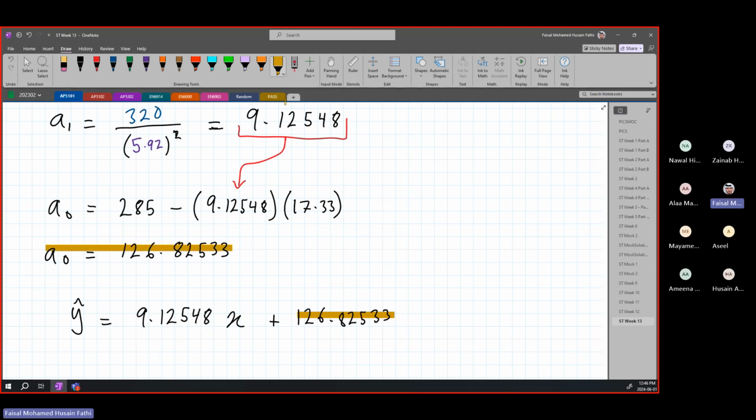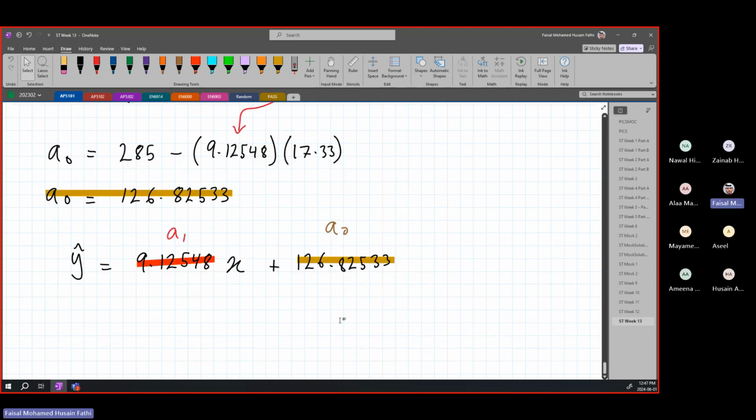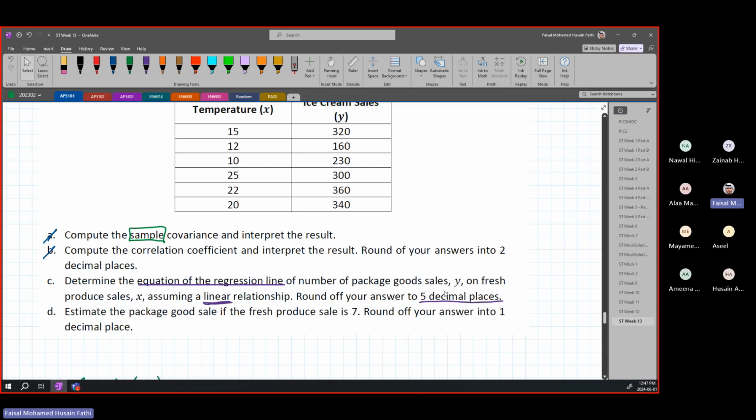Let me just actually write on top of it. This is a0, and this is your a1. Okay, this is just the value from a1 that we have found early on over here. Okay, that's it. And now you have your line for regression. So that's all the question wanted, to find it and rounding off our numbers.